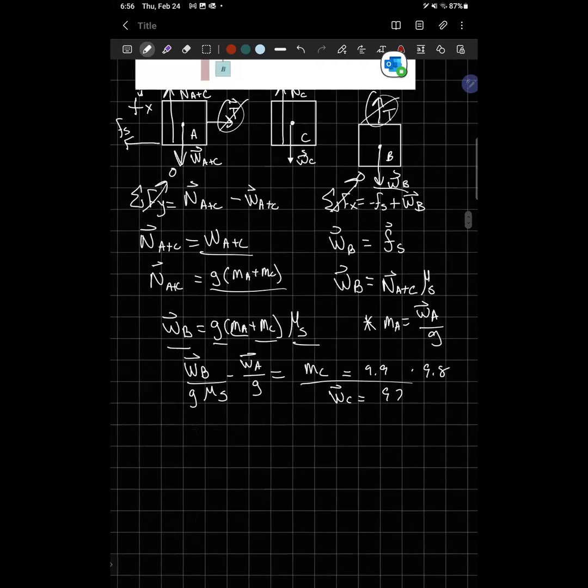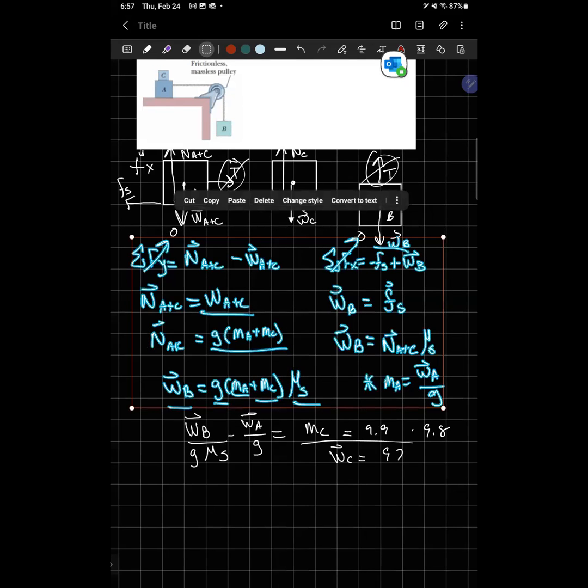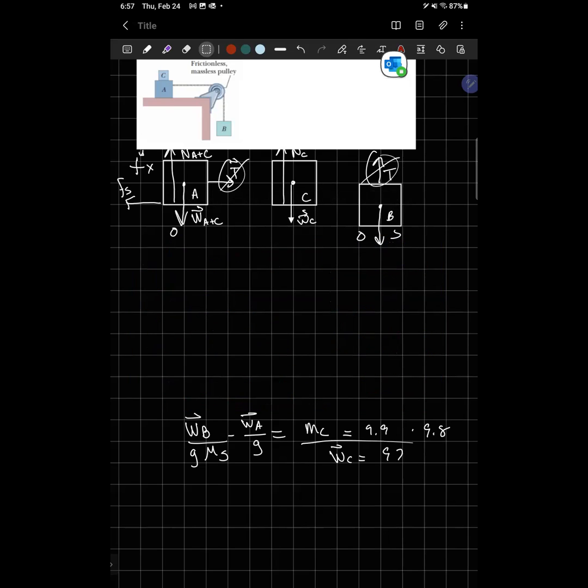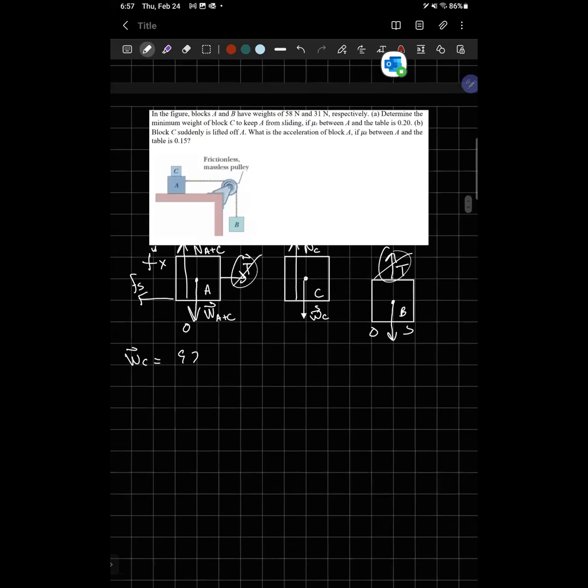So I don't have a ton of room, so I'm going to, awesome. This is really what I need. So, okay. How do I do part B?